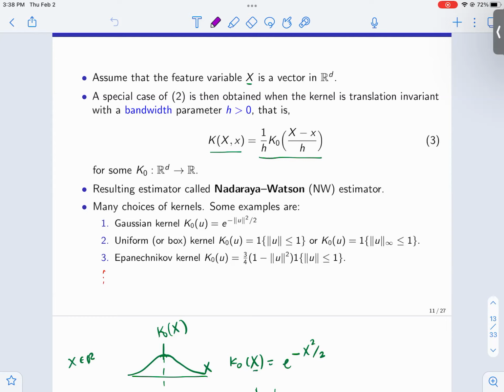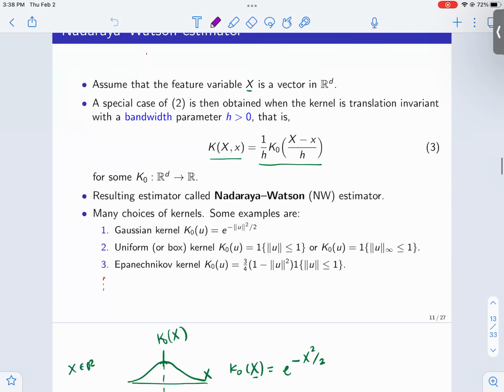Like bivariate functions, usually if it's larger, it means the two samples are similar. So if you have k of x and x prime, if this is very large, then you're saying that they're similar. If this is very small, they're not similar. Usually the kernels that we construct have that meaning.